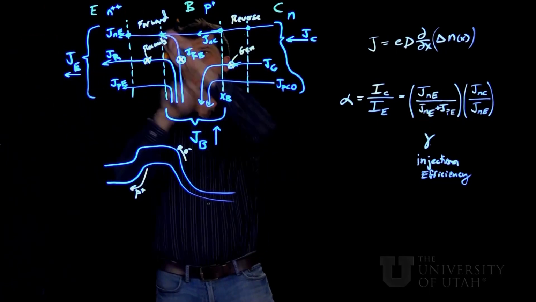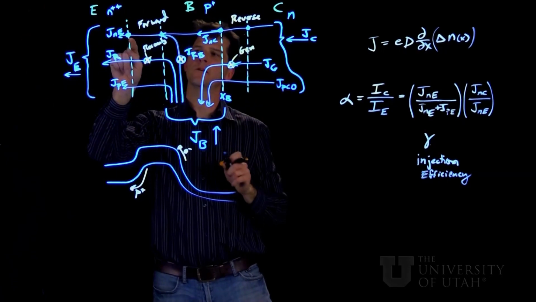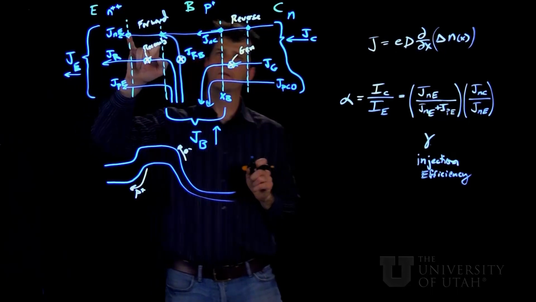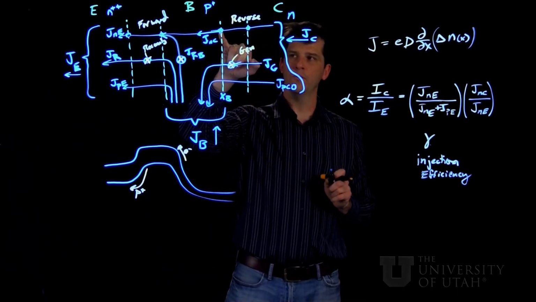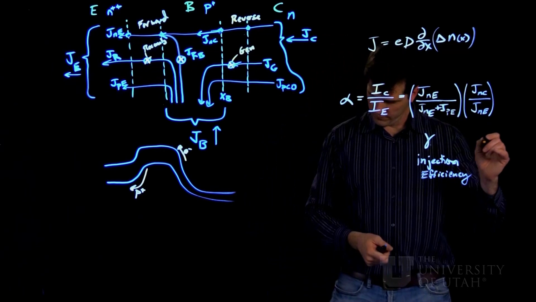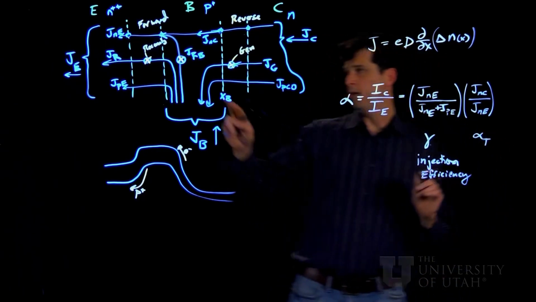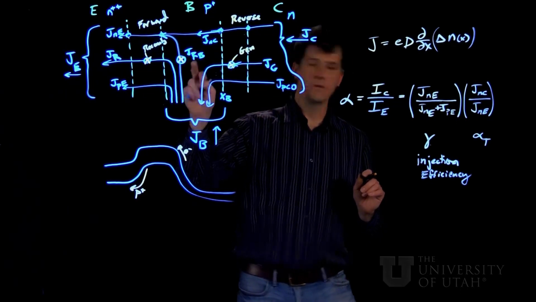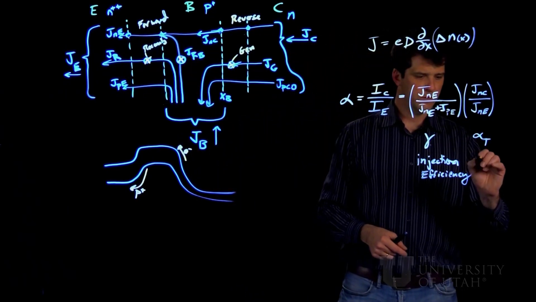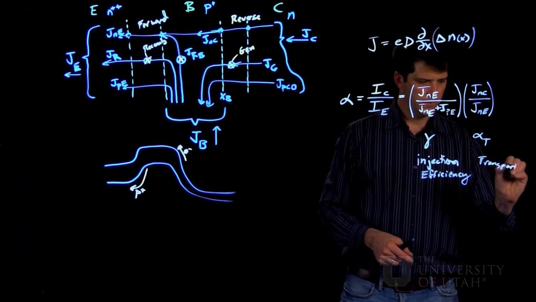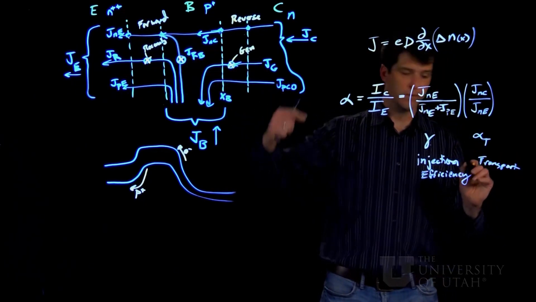So really, if we flip it around in terms of particle fluxes, we're asking the question, what's the probability of an electron launched from this point getting all the way to this point here? So this has to do with recombination, and how well you can protect the minority carriers as they travel through the base.